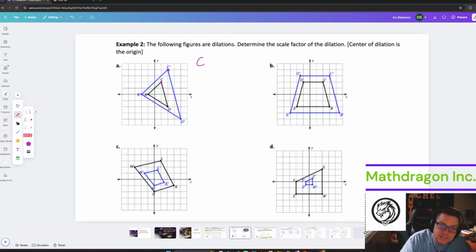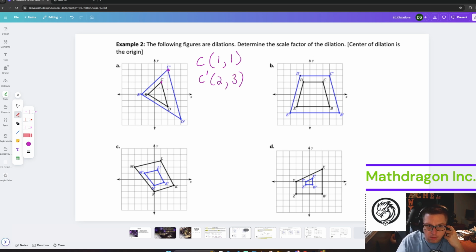So let's look at C, and then let's look at C prime. If I look at C, that is 1, 1. And then C prime is going to be 2, 3. Okay? Now, if I think about B, that is -1, 0.